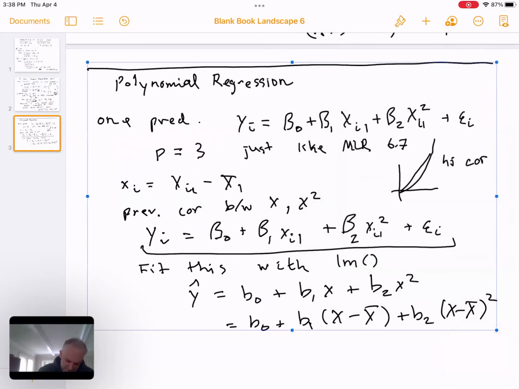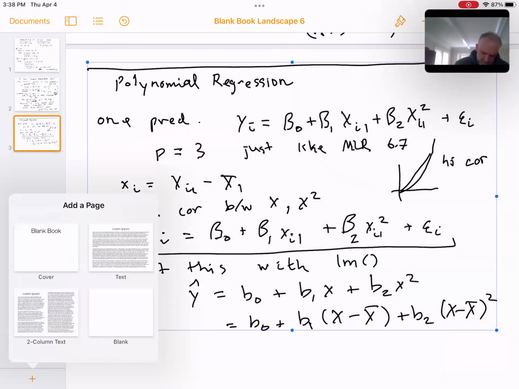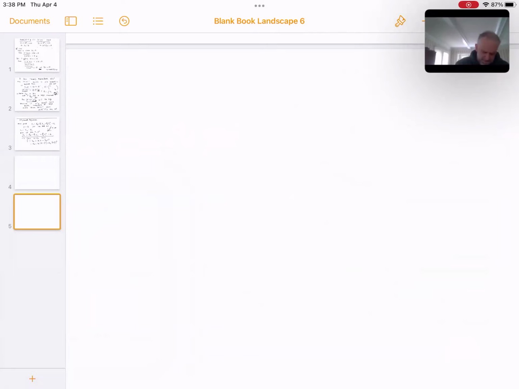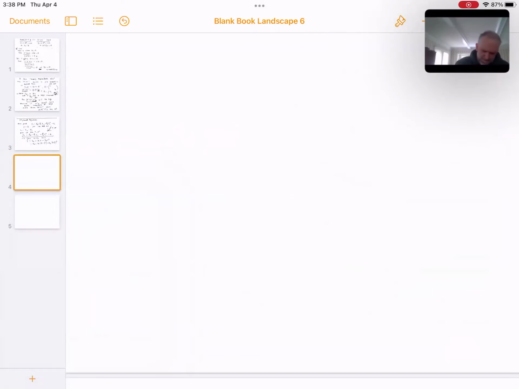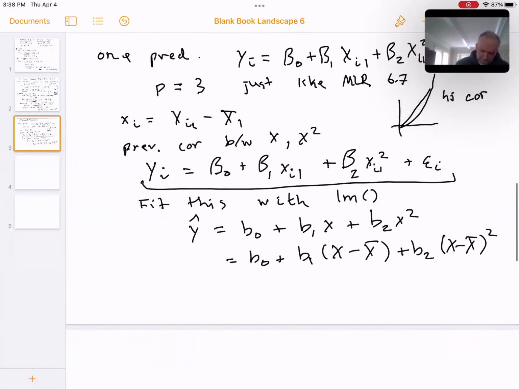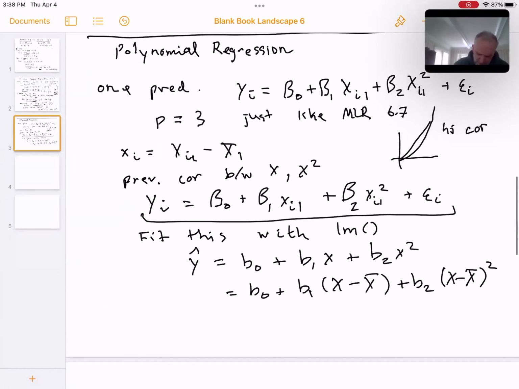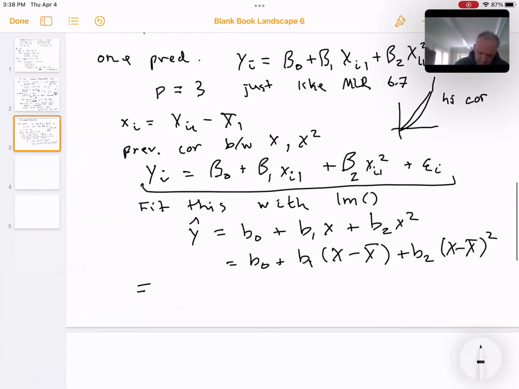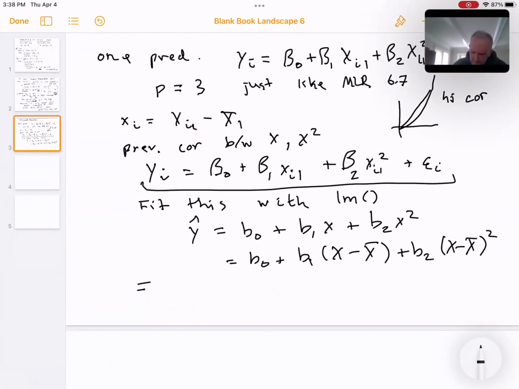Got to add a new page. Okay, hope that's enough. Equals. Now multiply it out. What do I get? So any constant terms?